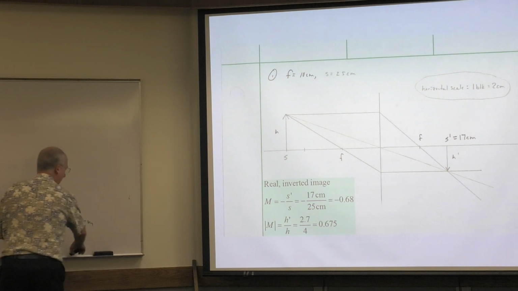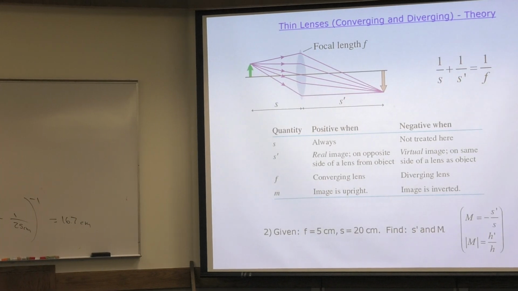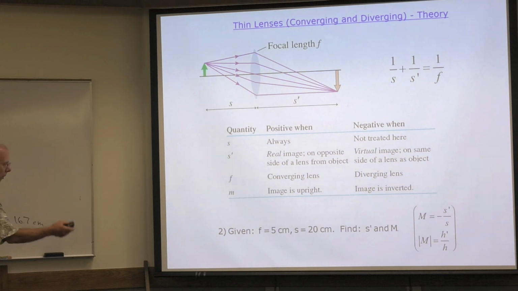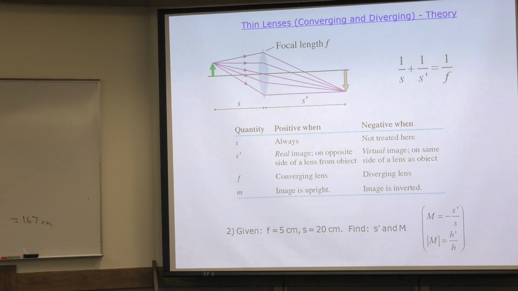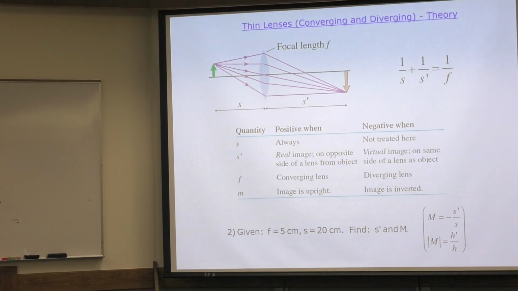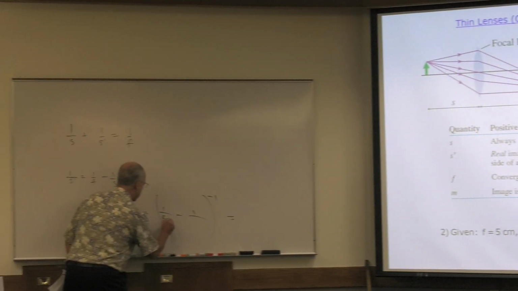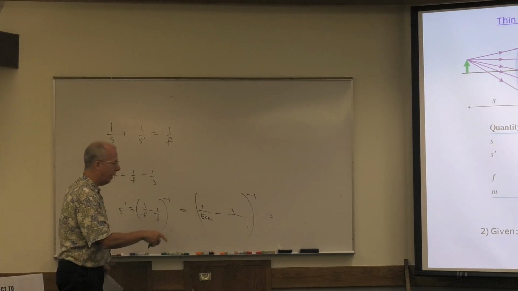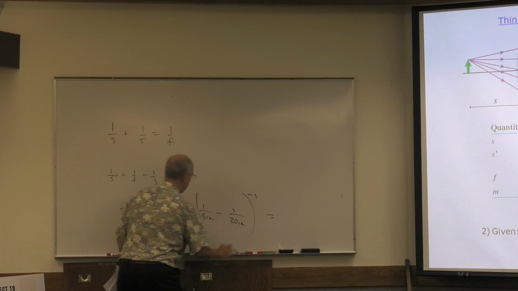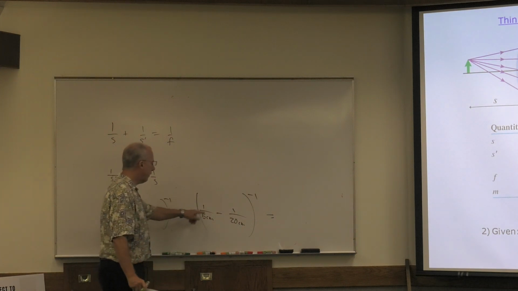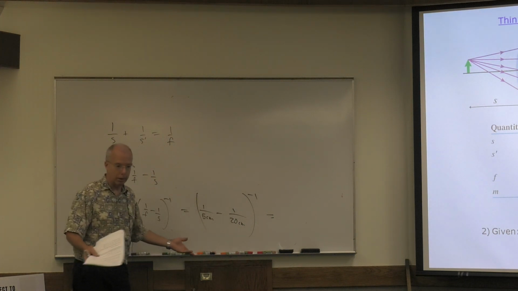Okay, the next one we did was this. That was the second one we did. Once you get this formula, it's kind of boring, don't you think? So we have this formula: 1 over f is 1 over 5 centimeters, minus 1 over s, minus 1 over 20. And look, 1/5 minus 1/20th, that's a positive number. Agree?